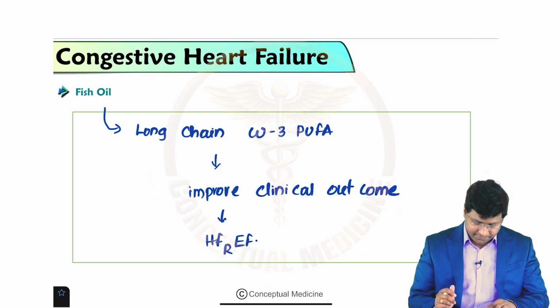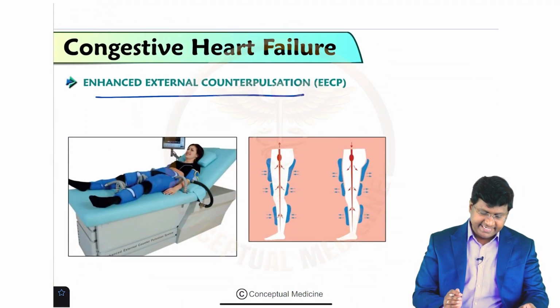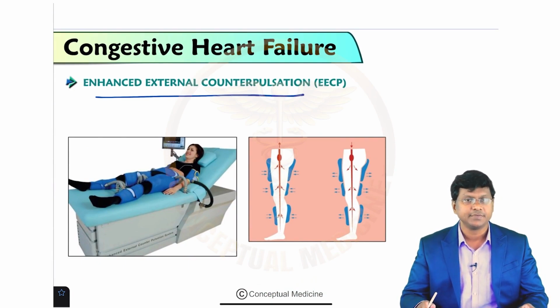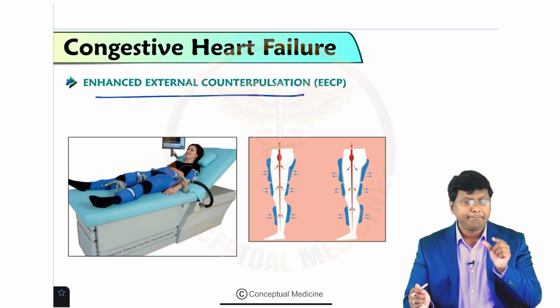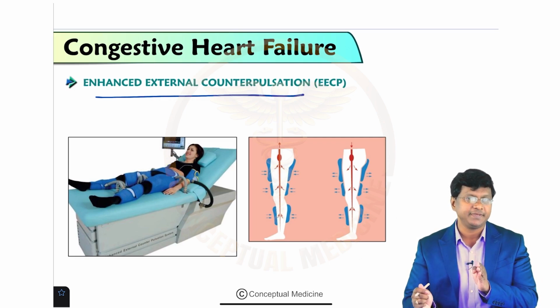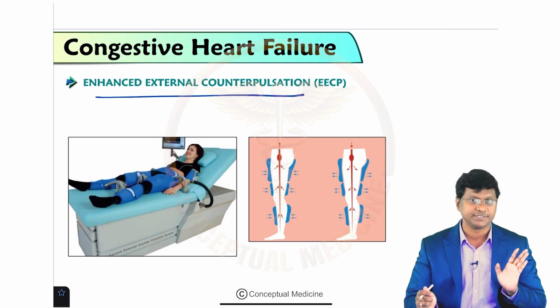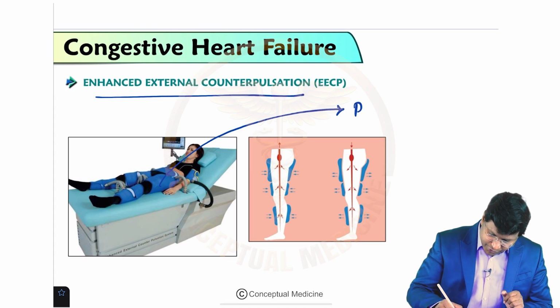And one of the recent therapy is EECP, that is enhanced external counter pulsation technique. See, this EECP, what you need to do is peripheral lower extremity therapy using graded external pneumatic compressions at high pressure is administered.